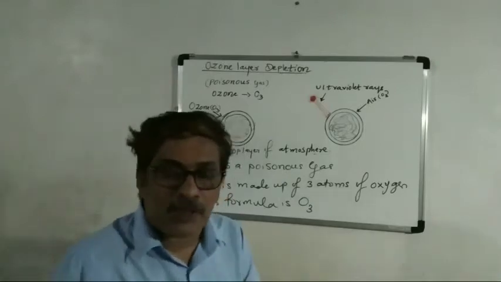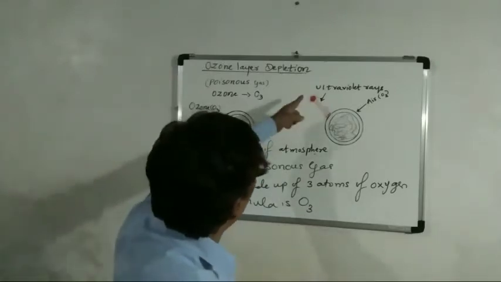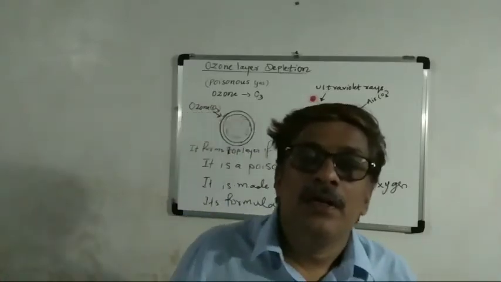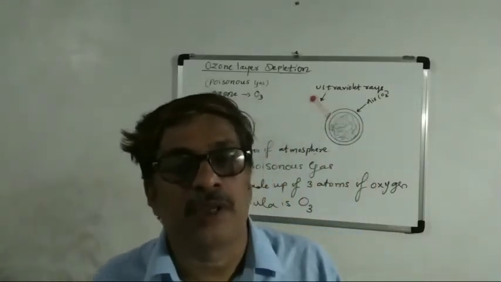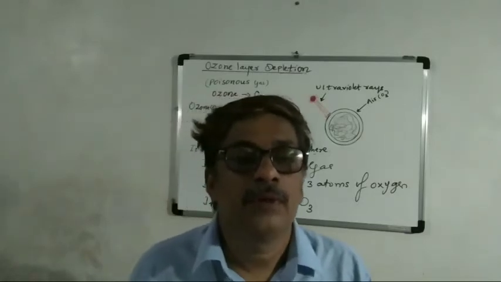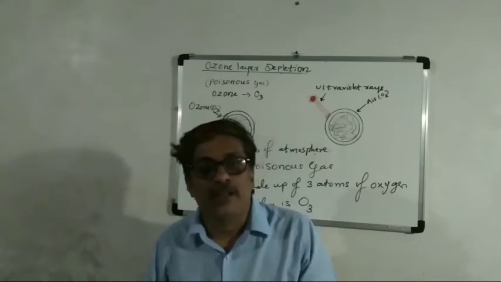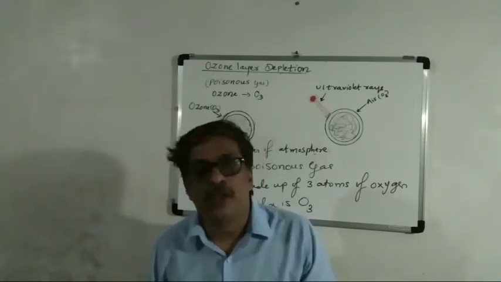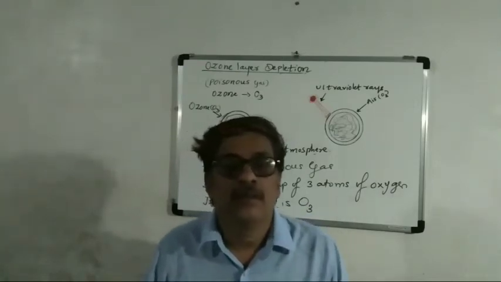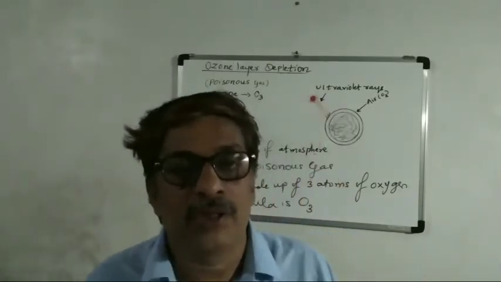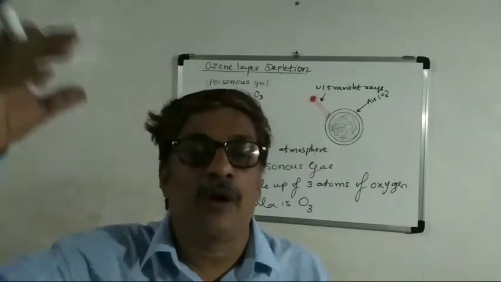Now, what happens with ultraviolet rays? The atmosphere contains oxygen. From the sun, we are getting light. These light rays contain ultraviolet rays.